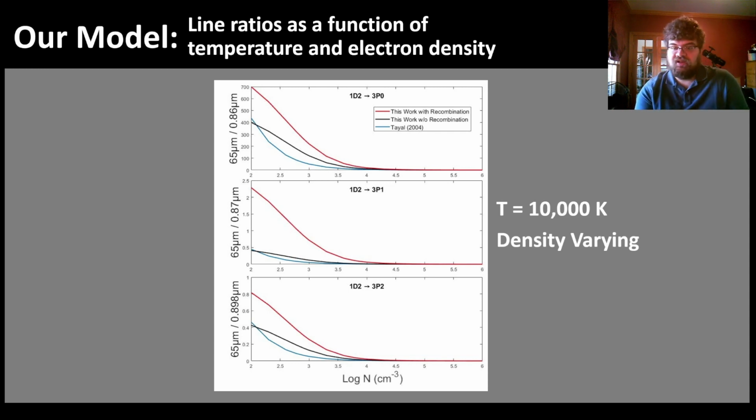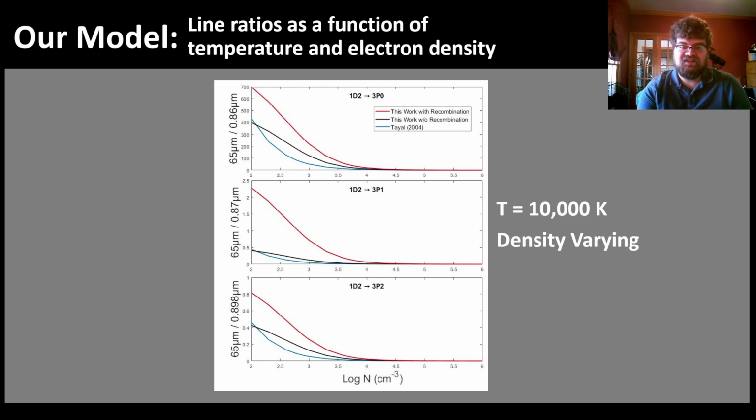We're comparing three lines here. The red line is the line ratios calculated using the collision strengths calculated for this work, including recombination. The black line is using those collision strengths without recombination, and the blue line is calculated using the effective collision strengths from Tayal 2004, also without recombination.